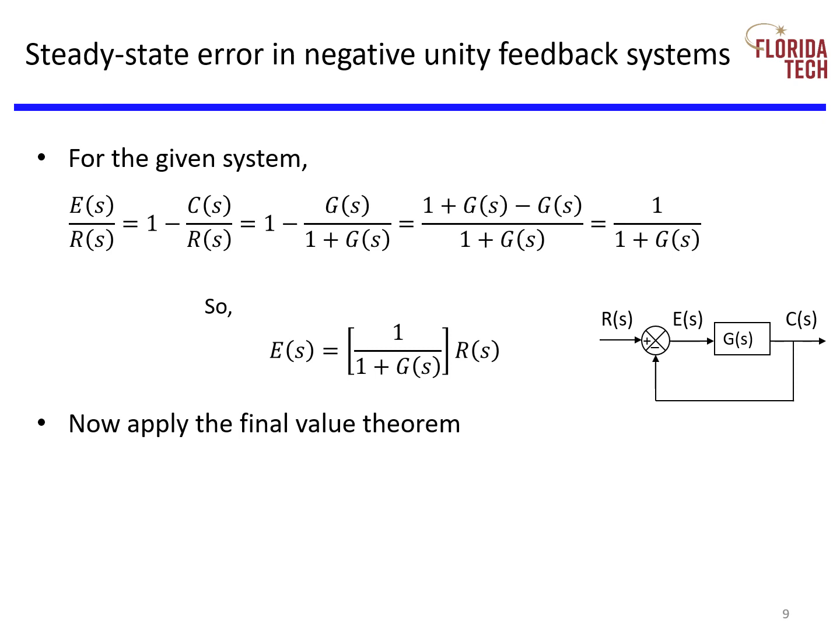Recall the final value of a function of s is the limit as s goes to 0 of s times the function. Don't forget the s. When we substitute the error function, we get the right-hand side, which, as we said, depends on the reference input R, as well as G.